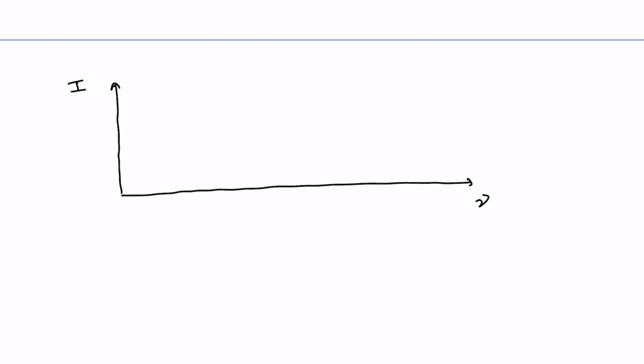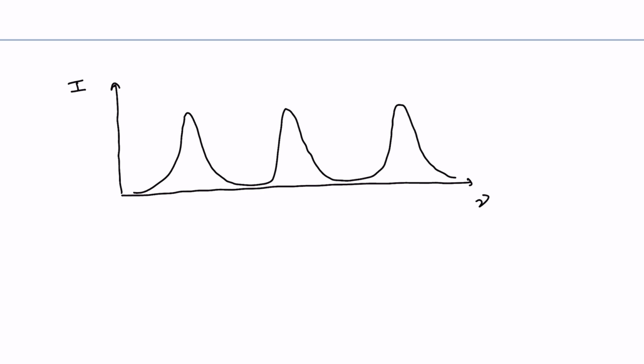So let me give you a typical plot. If you plot the intensity inside the Fabry-Perot cavity versus the frequency, you are going to get peaks like this at different resonance frequencies. So you have here nu m, here nu m plus 1, here nu m minus 1, and so on.